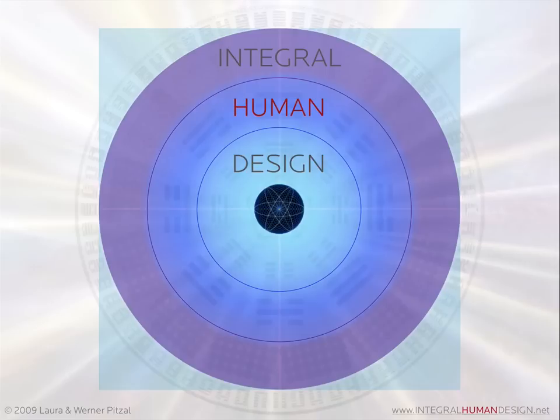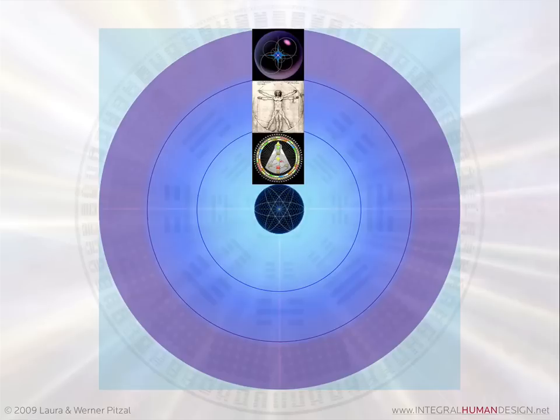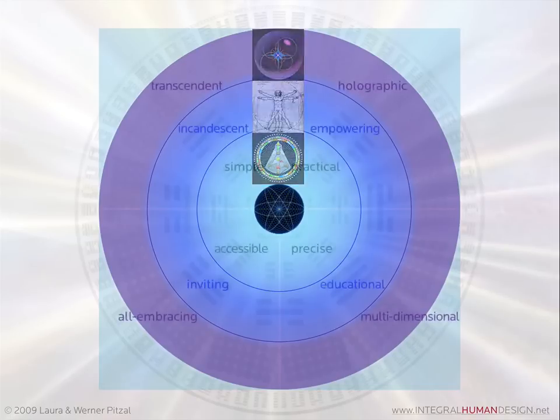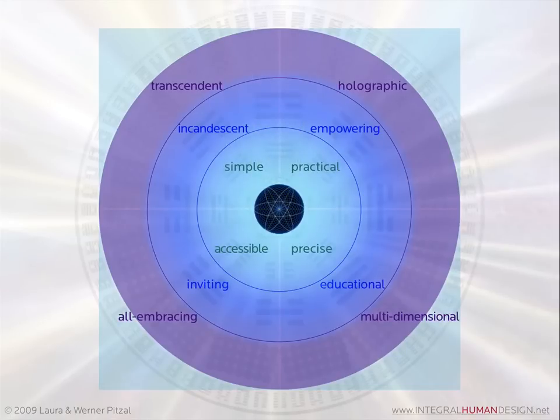The outer circle here symbolizes more the integral, the middle symbolizes more the human, the inner symbolizes more the design, the code, and the map of the human design. And we've come up with 12 key words to structure what we want to share.